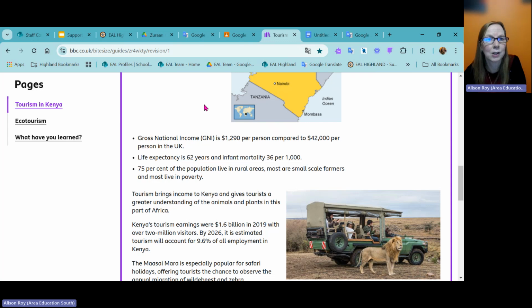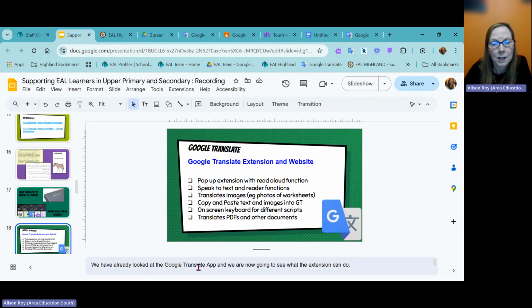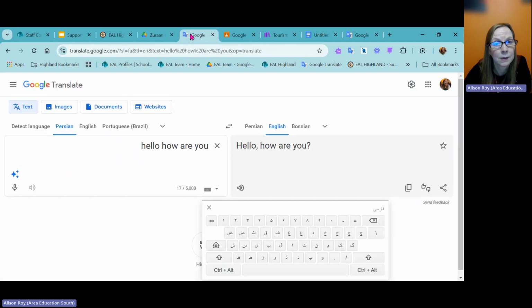Okay, so if you'd like to, we'll go back to the slides, and if you'd like to pause the recording at the moment and take some time to look at the Google Translate website and play around with the different functions: the microphone, the read aloud, try translating a website, look at the alternative keyboard that you can have pop up for some languages.